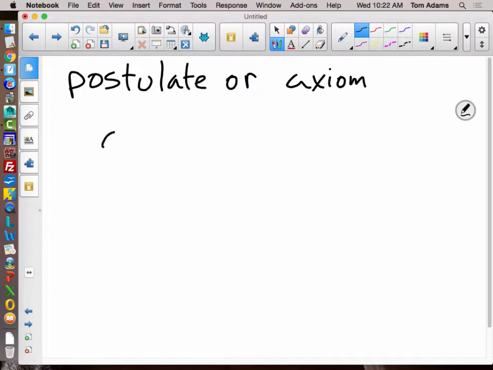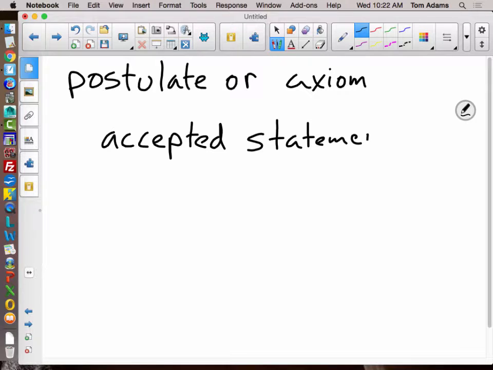And really this is an accepted statement of fact. Okay? An accepted statement of fact. A point exists in space. Reasonable. Can't prove it untrue. So we would say that that's an axiom.